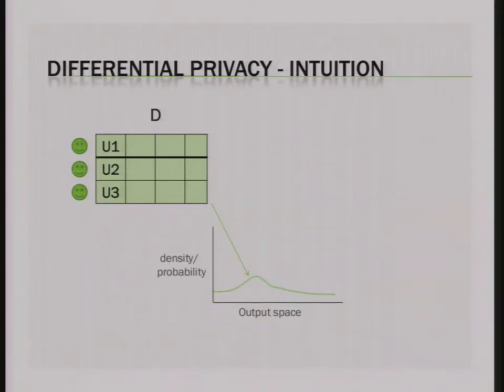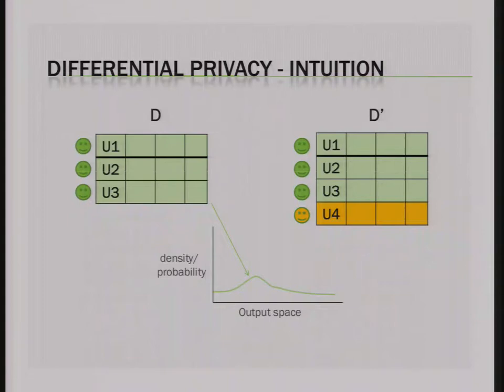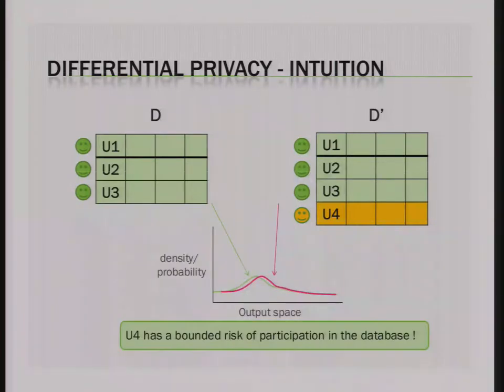Differential privacy now says that if there is one more database D dash which has one extra user, in this case U4, and you run the same randomized algorithm on this database, the output distribution that you get should, in some sense, be close to the output distribution that you would have got if this 4th user was not in this database. So what this guarantees is that the user U4 has a bounded risk of participation in this database. Irrespective of whether this user is in the database or not, the output distribution would remain similar. So this is the intuition.